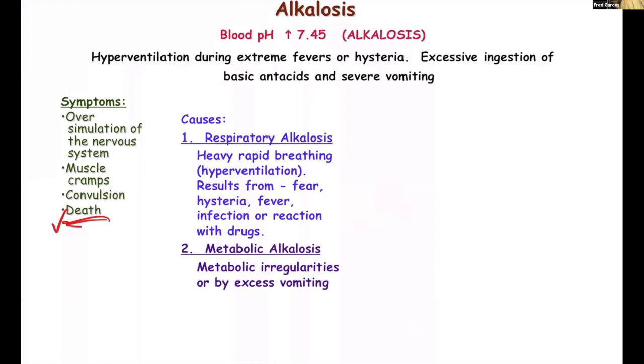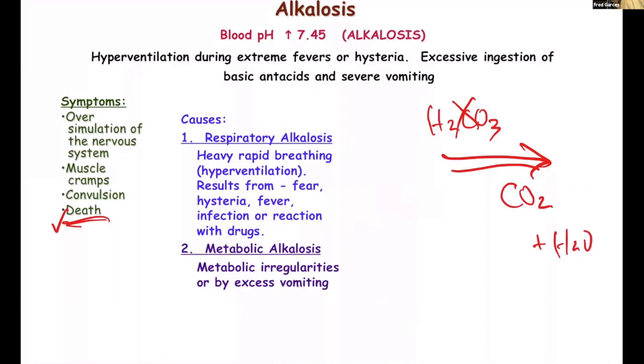We can get respiratory alkalosis. Again, this is when we breathe too much. This channel breaks down carbonic acid to carbon dioxide and water. And so what happens is that the equilibrium now is going to do this. Any acid in our body will feed into carbonic acid because we're constantly breathing and we're breaking down the carbonic acid that's naturally in our system.